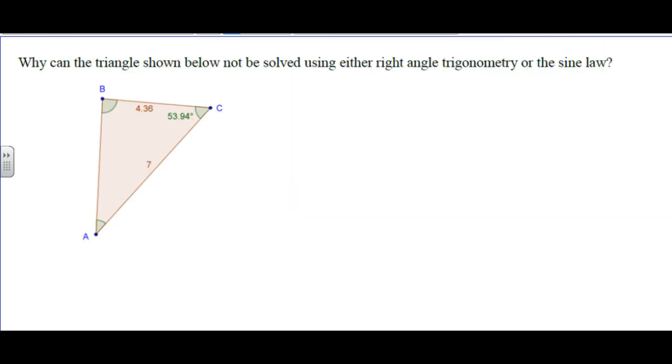Okay, what do we got? Why can the triangle shown below not be solved using right angle trig? Because there's no right angle. Yeah, okay, no right angle. And why can we not use the sine law? Because there's no pair. You don't have a known pair, right?